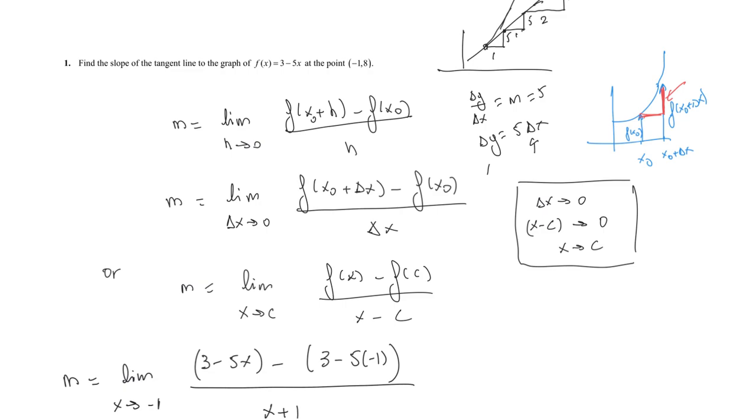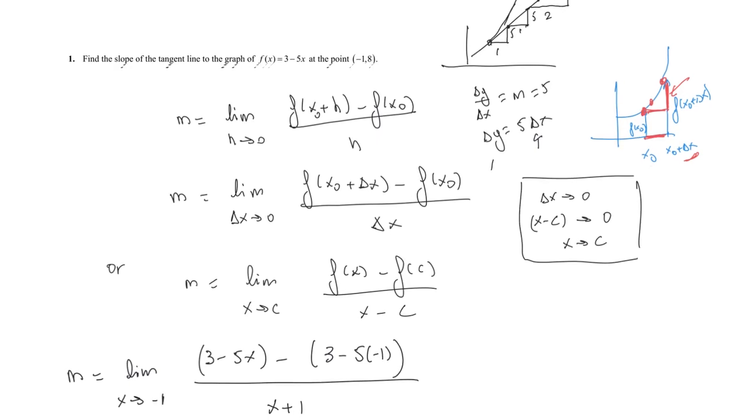And we have to take the limit as x approaches x0, when delta x approaches 0. Not becomes 0, approaches 0. This point is approaching the point here, and I can find the slope.